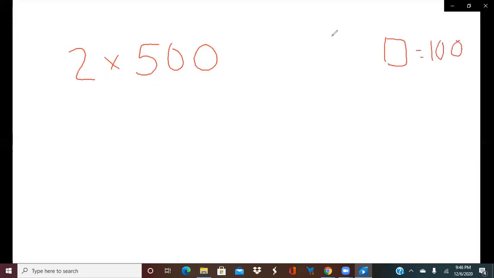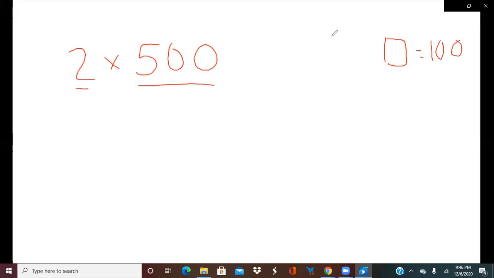Okay, so now let's use a drawing and draw a picture to find 2 times 500. I want to know what 2 times 500 is. Well, let's draw a picture. Quick picture, each square is going to be worth 100. And I have 2 times 500.